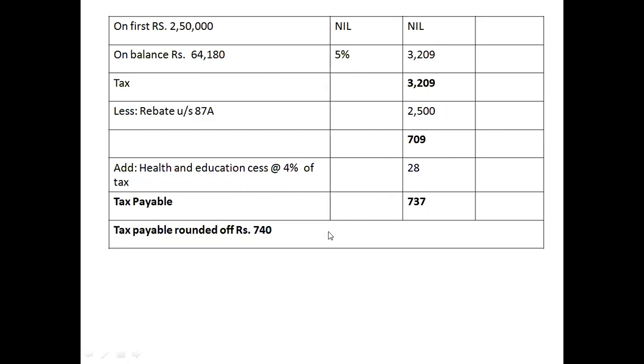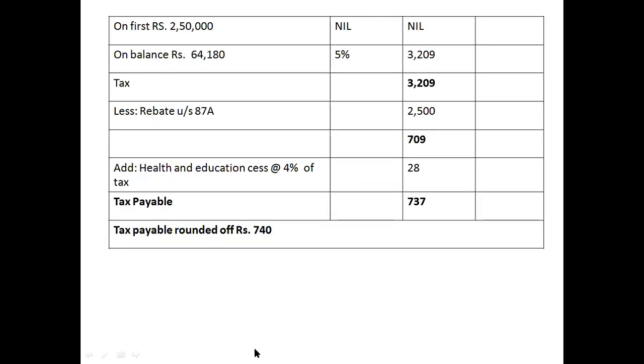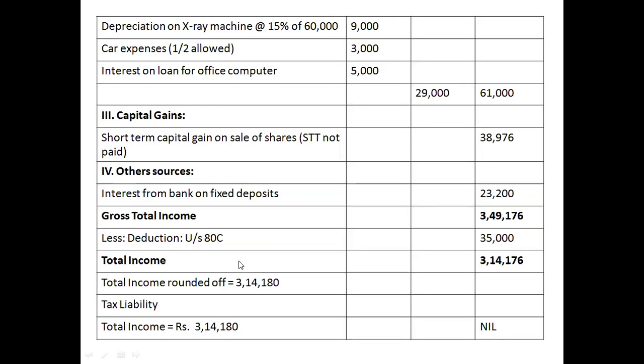Now one very important point that you should remember. You might ask why we have not calculated short-term capital gain at 15%. Why are we including it in your total income at slab rate? One main reason is that short-term capital gain on sale of shares not covered under STT is treated as normal income.